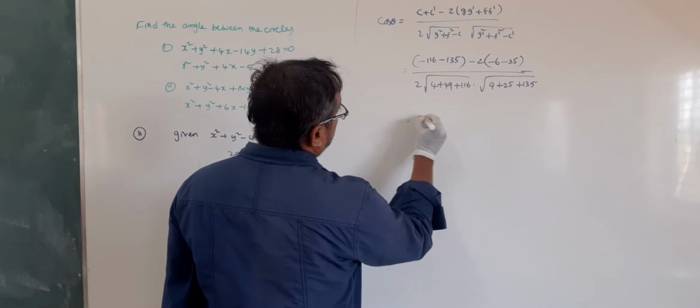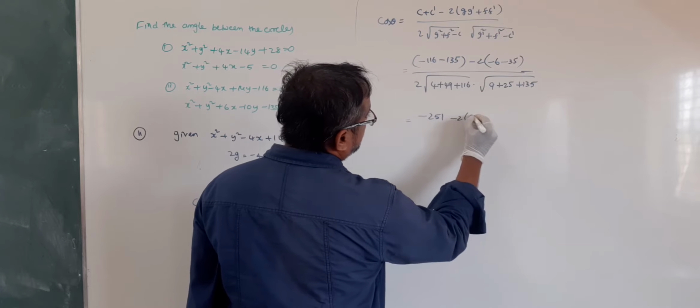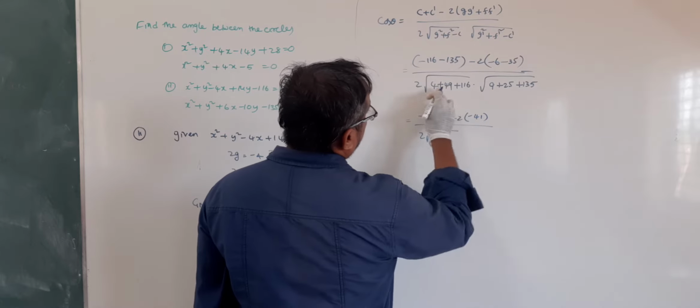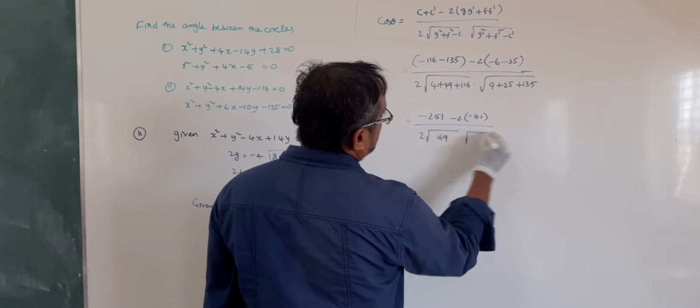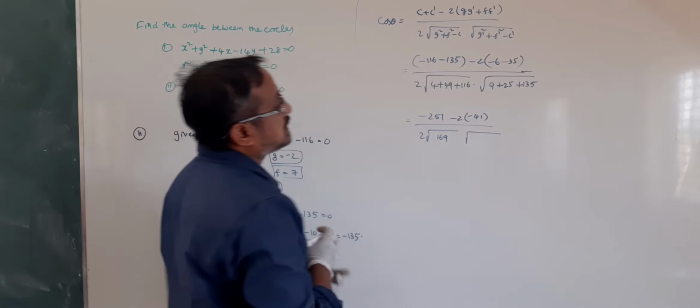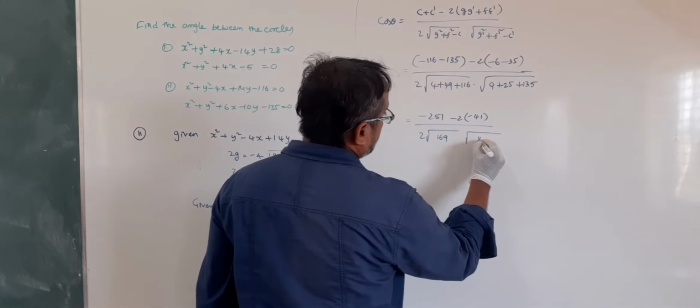Now this is minus 251 minus 2 into minus 41 by 2 root 120 169 into root 135 plus 25, 160 plus 9, 169.